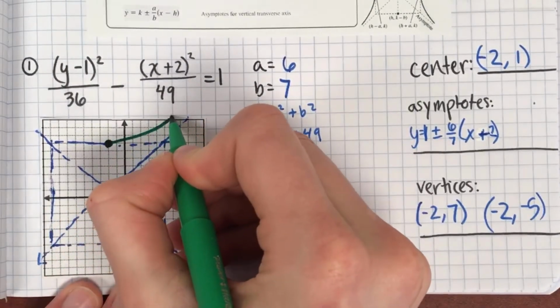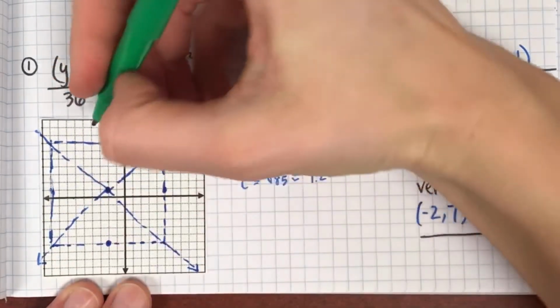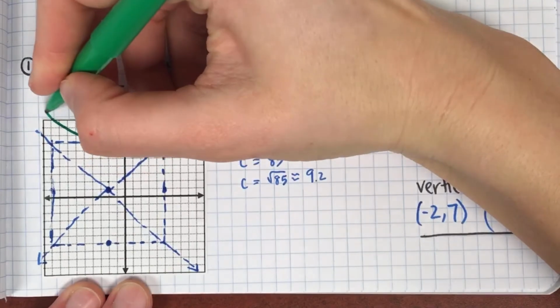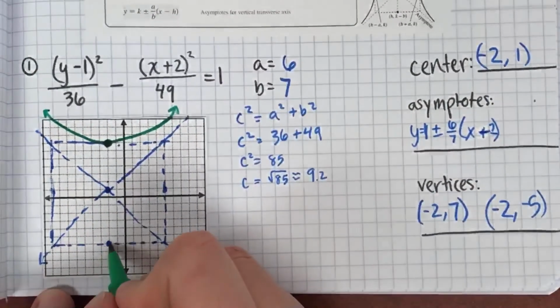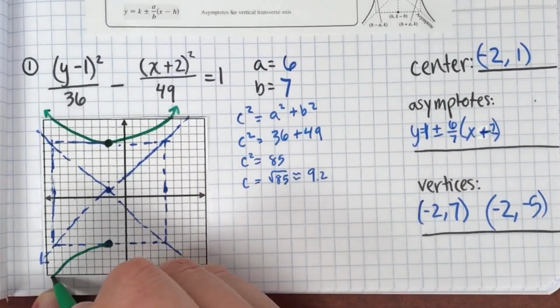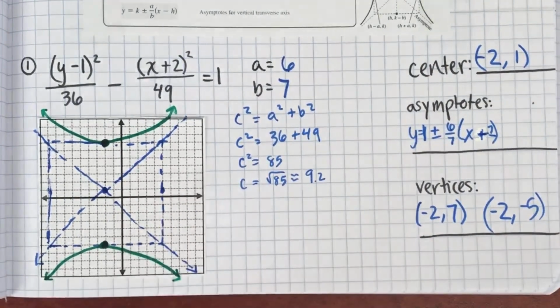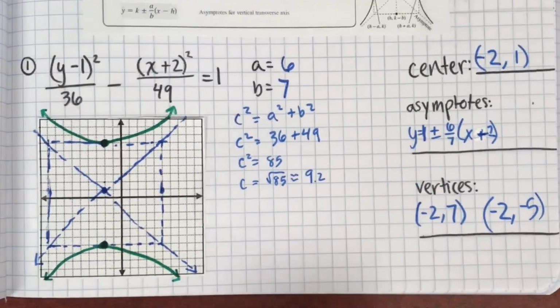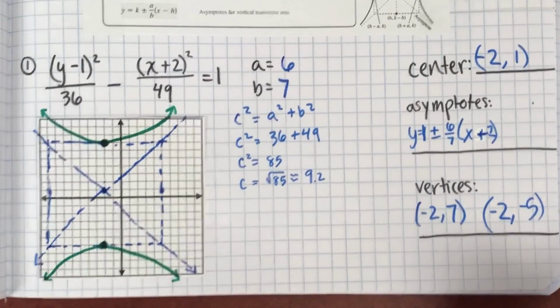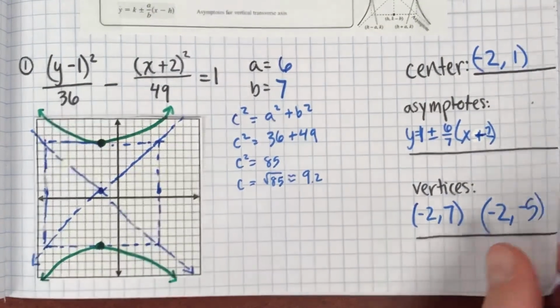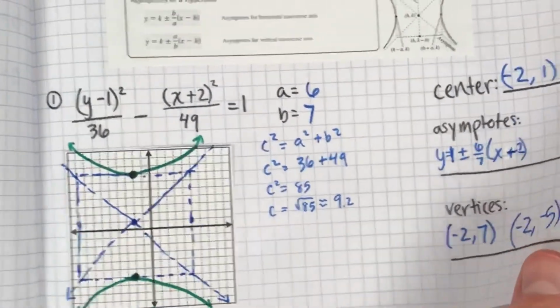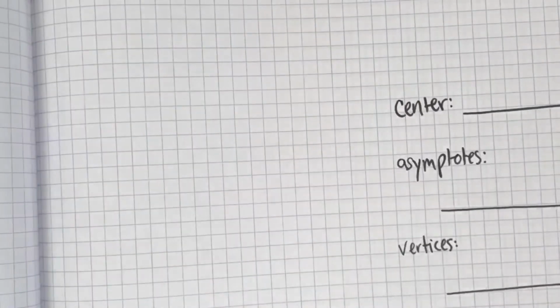It's going to stay within these asymptotes. And here we really don't need to draw our focus on this, so we should be fine. All right, and that's our first hyperbola.